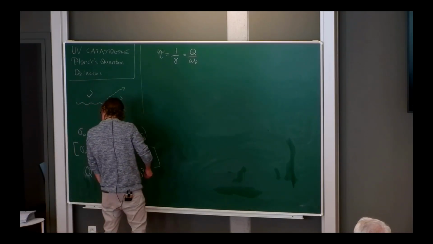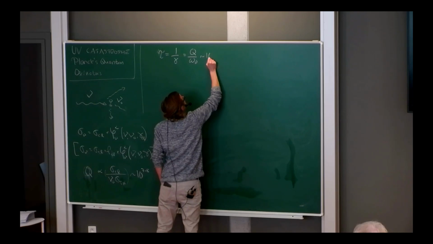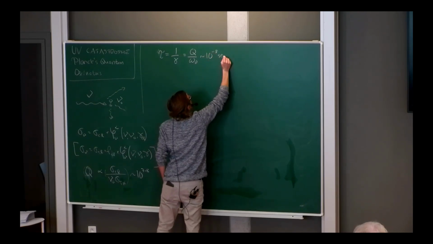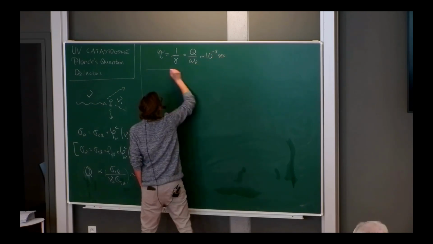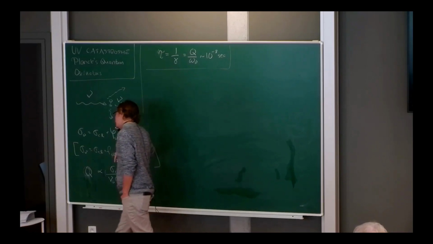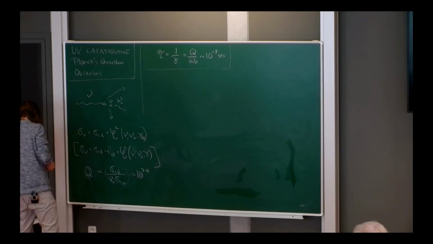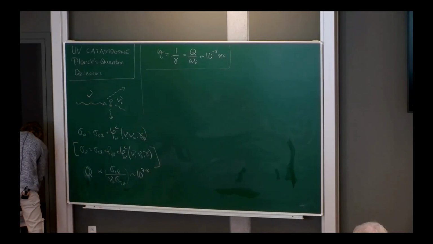And the order of magnitude here was that this was extremely short, okay? Now today we're going to use this, but in another context, and that is in terms of the energy that is radiated away by this oscillator.